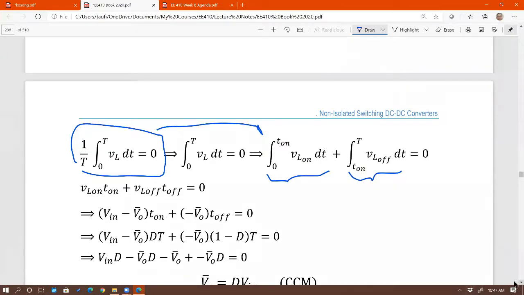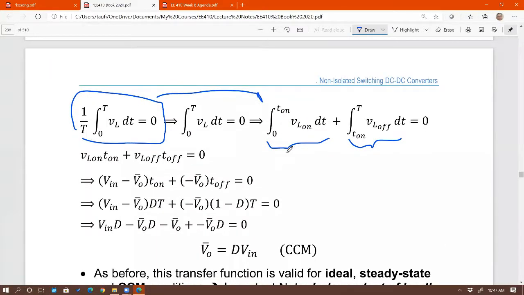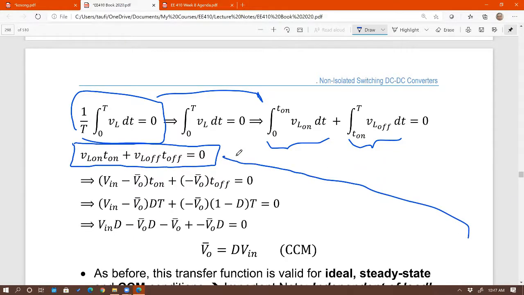So if you carry on with this equation, then you get this equation right there. Now, another thing I would like you to memorize is this equation. Based on volt-second balance, VL on times T on plus VL off times T off is equal to 0, right? Too bad we are not on campus.